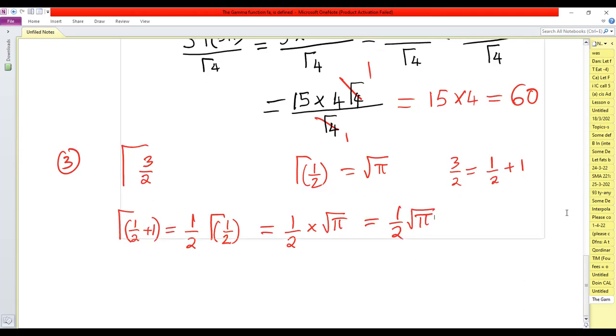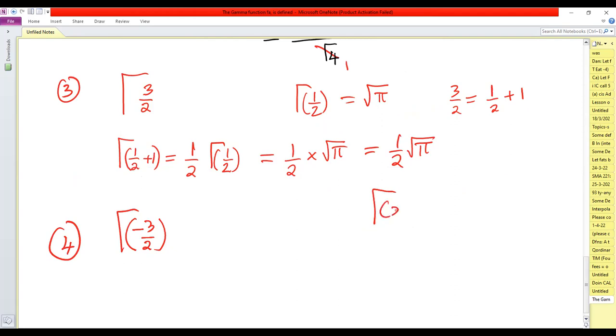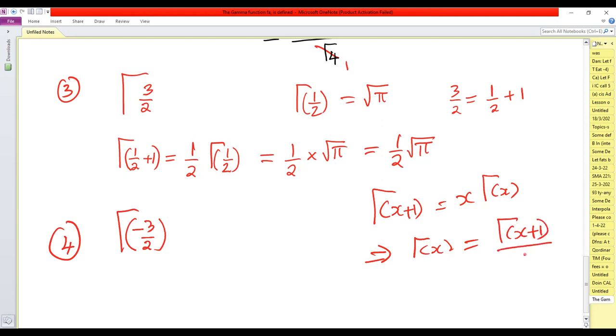And then part 4 of this problem was to evaluate gamma of negative 3 over 2. Now we have said that gamma of x plus 1 is the same as x gamma of x. So from this, we have gamma of x is the same as gamma of x plus 1 divided by x.